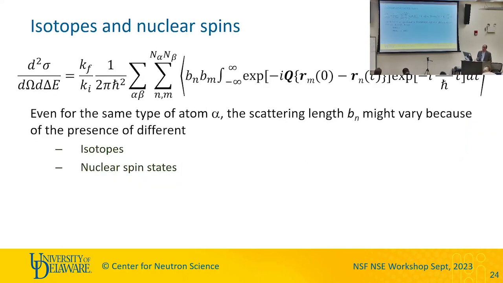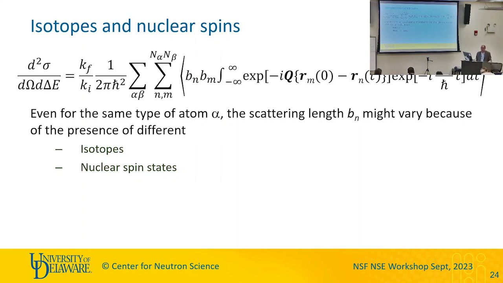So now we have to introduce or reiterate a concept that was introduced before, but we're going to look at it in a quite different way. As it was said before, the scattering length of a nucleus depends on the nuclear spin state, or more precisely, the relative orientation of the neutron and nuclear spin state. Is that clear? So basically this b will depend on the nuclear spin orientation.